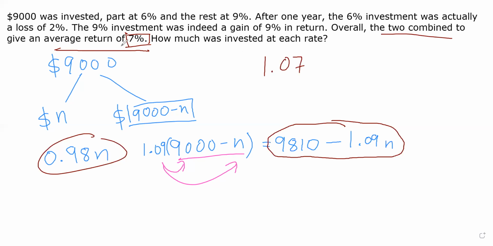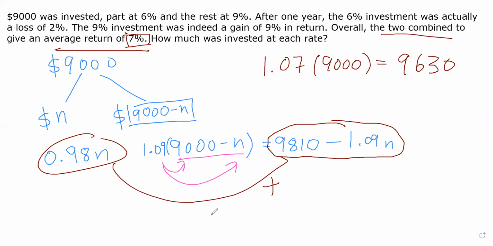Because this is a gain of 7%, we do 1.07 times 9,000, and this is equal to 9,630. So these two combined, if I add this with that, I should get 9,630.